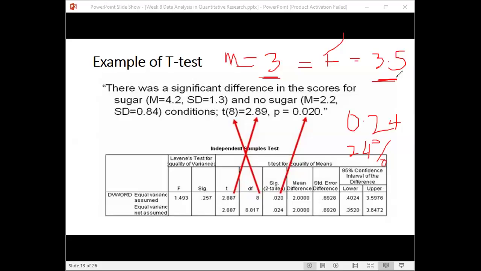Okay. But the bottom line is what I've given you. We always compare the p-values against the significance levels 1%, 5%, and 10%. And the rule stays the same every time.